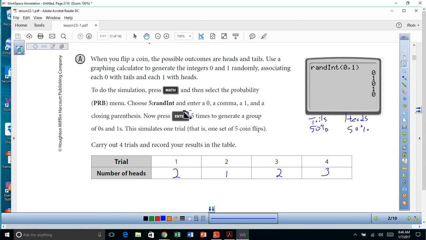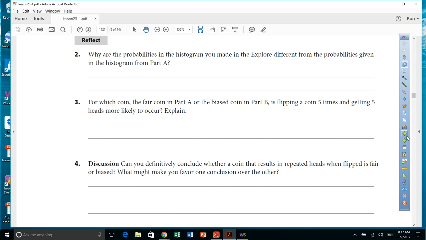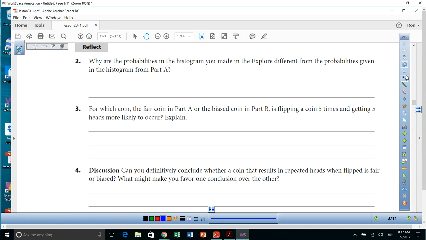When you flip a coin, one of them was 40% and the other one was 75%. So it's got to do with the randomness. So the histogram in the Explorer was based on experimental probabilities.